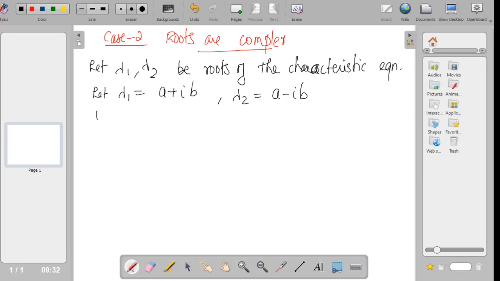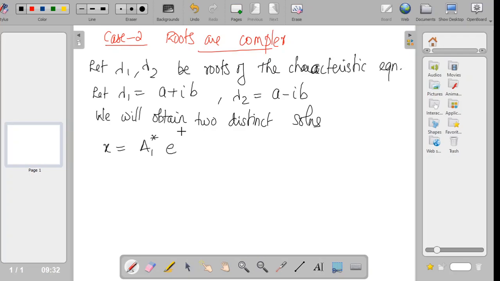So we will obtain two distinct solutions. So I can take x equal to some a1 star. Then the first solution will be e raised to a plus ib t instead of lambda 1 t, and the corresponding y value is b1 star e raised to a plus ib t.